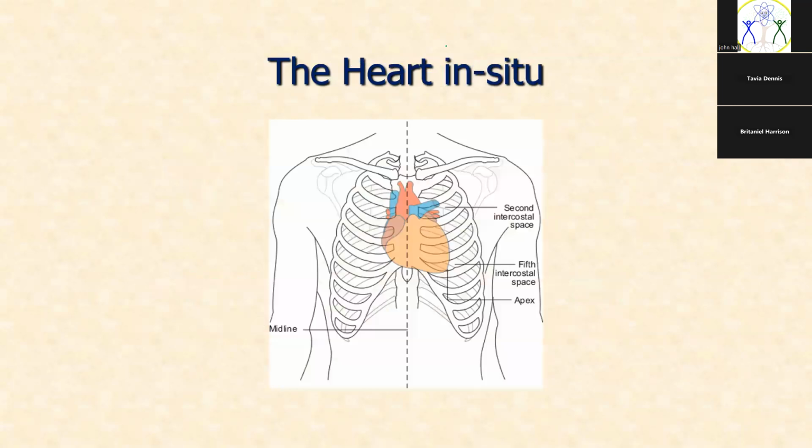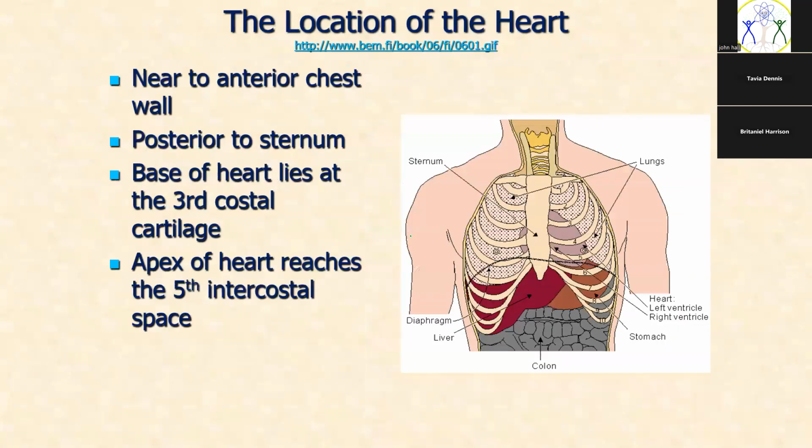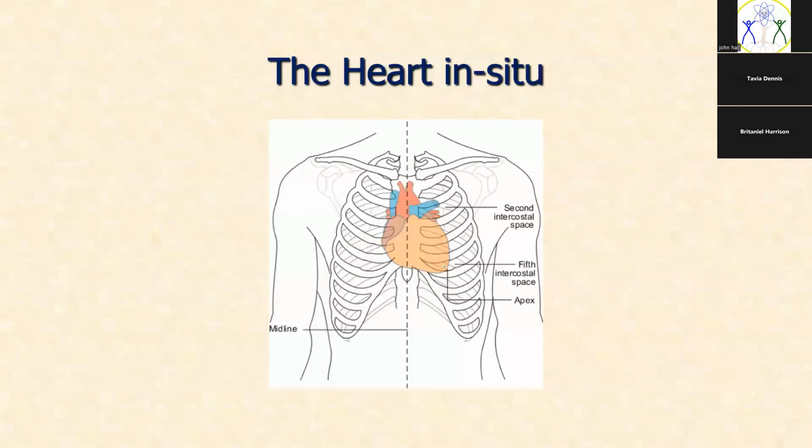Now, apex and base are always annoying terms. Here's the reason why. When we go back and look at the heart, this is in situ. In situ, of course, means in its natural space. So this is where the heart would sit in you. The apex is the tip of the heart, and as you can see, it is pointing down and to the left. Normally, apex means the top of something.